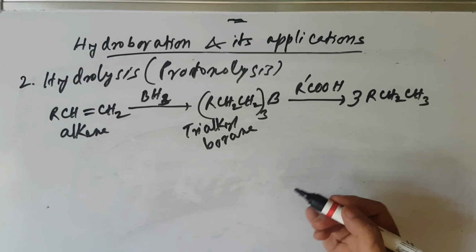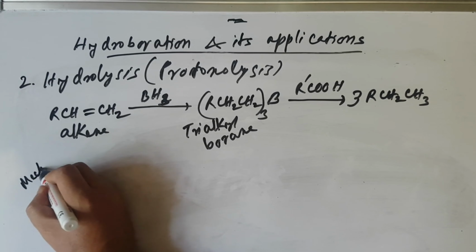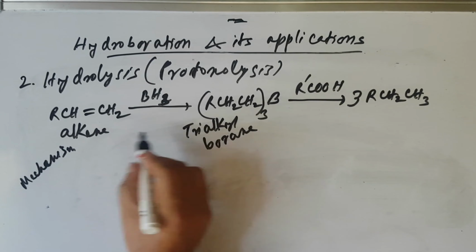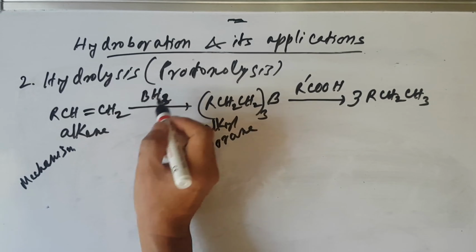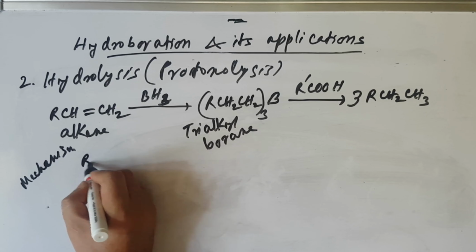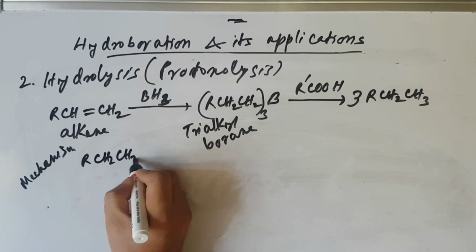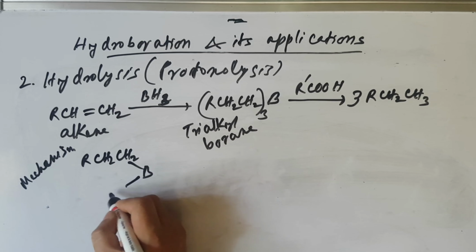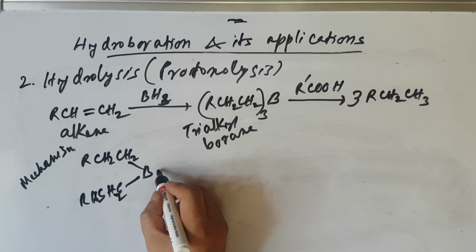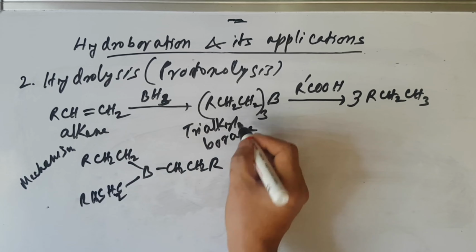Let's see the mechanism of the formation of this compound. First, we got this trialkyl boron from the hydroboration reaction. Here hydrogen attacks the less substituted carbon atom to give the more substituted product. So we have R CH2 on boron, with 3 such groups, so this is one trialkyl boron.